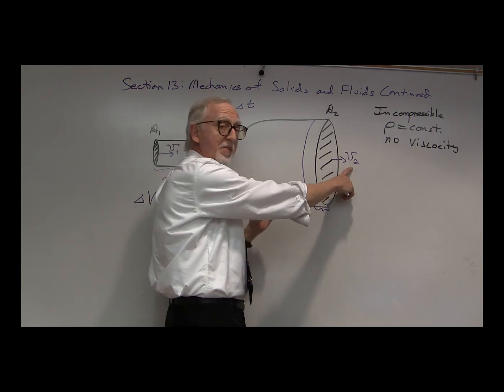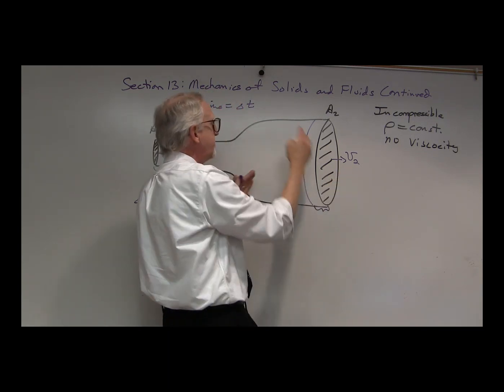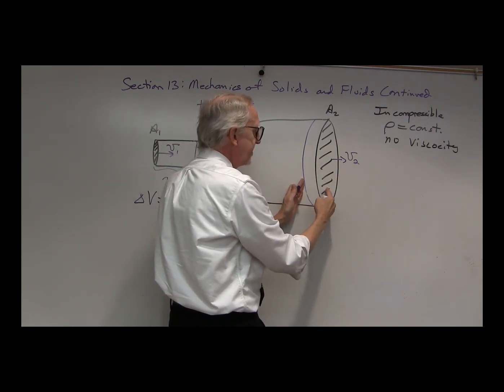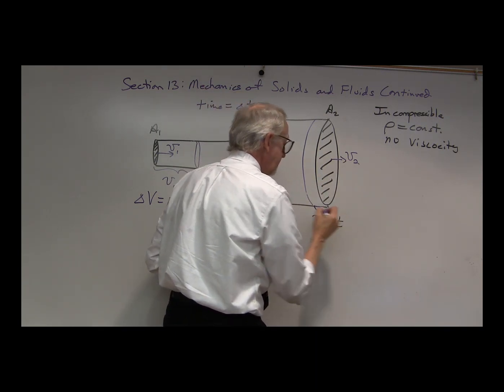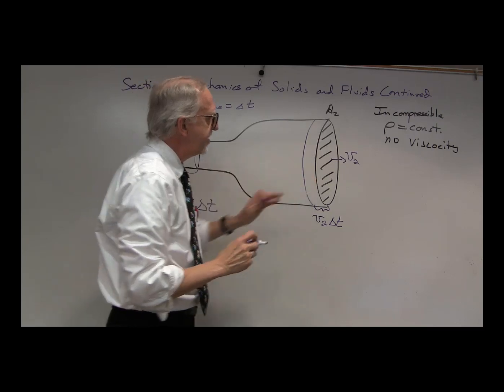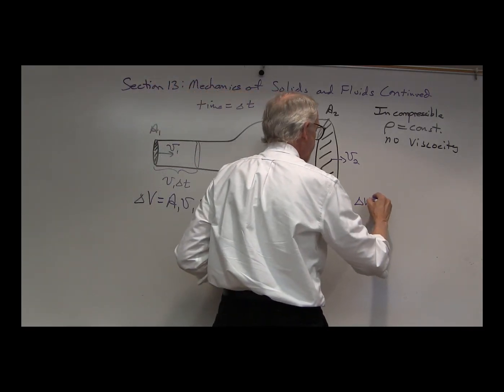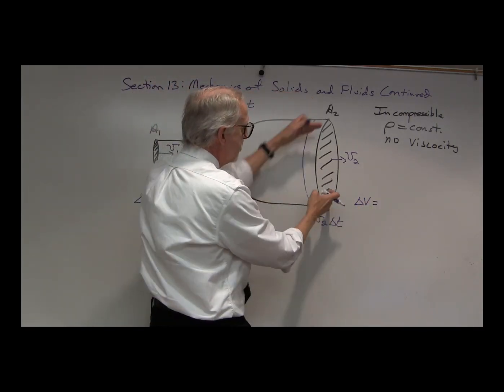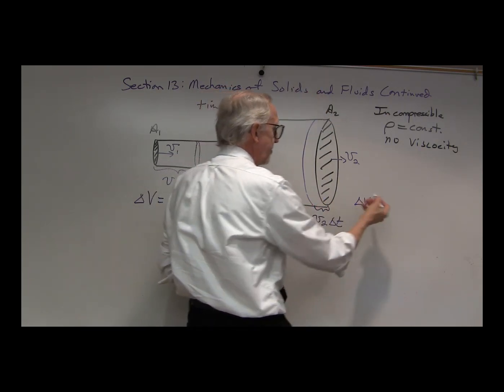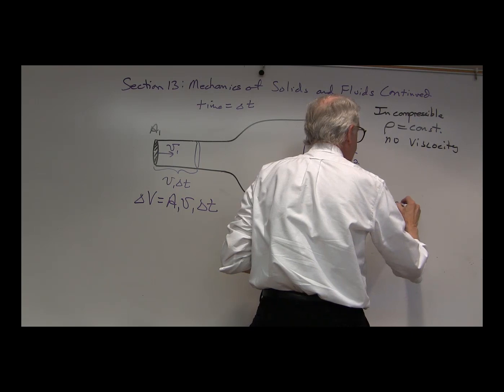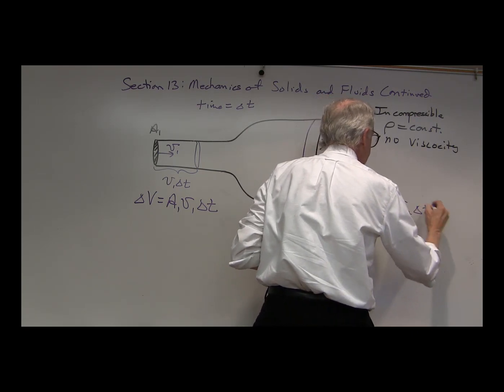Well, if this is going at a velocity v2 in a time delta t, the amount of this that leaves will be v2 times delta t. So what is this volume? Well, this volume will be area of the base, A2, times the height, v2 delta t. So this will be A2 times V2 delta t.